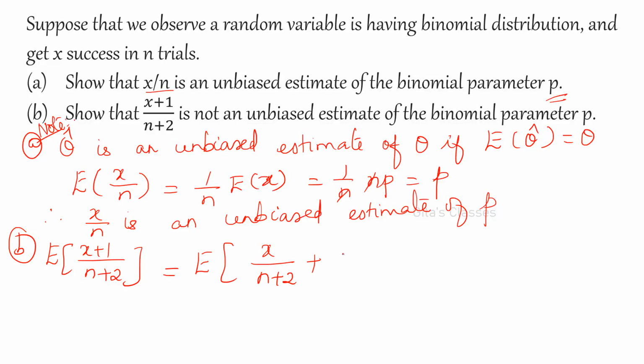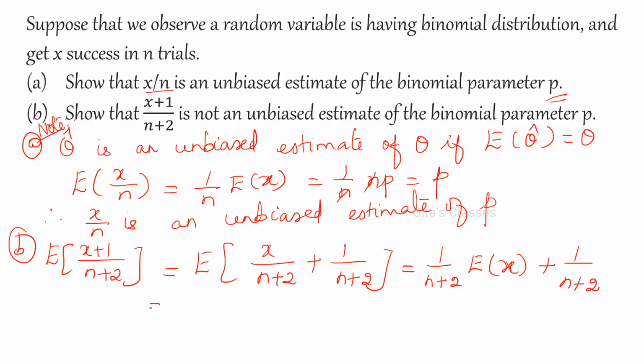I can divide these terms, which is equal to, this is a linear combination, I can separate like that. Okay. So 1 by n plus 2 I can take out into e of x plus expected value of constant is the same constant only. So 1 plus 1 by n plus 2.